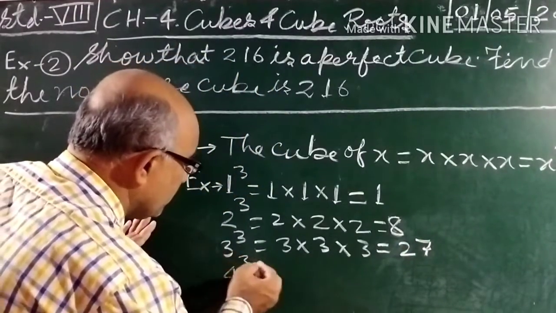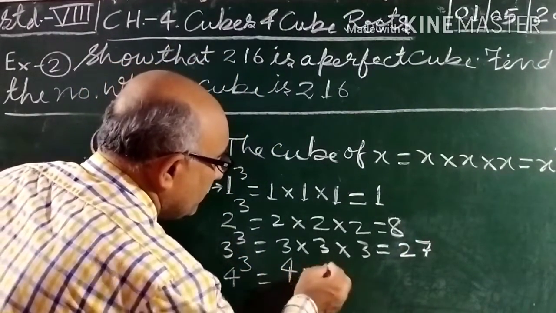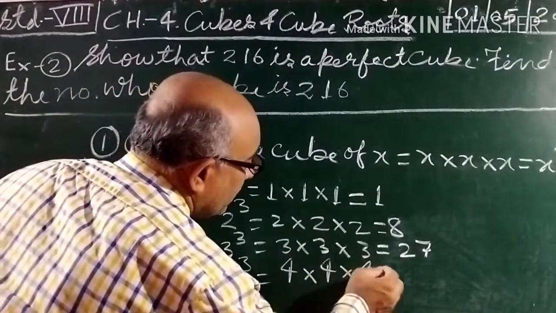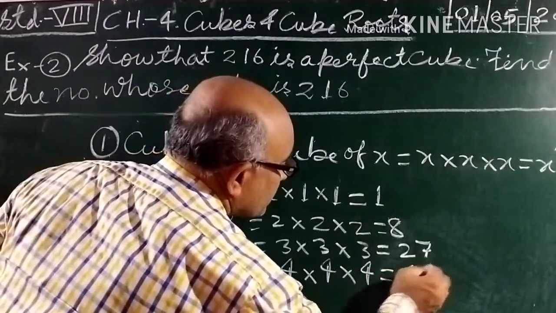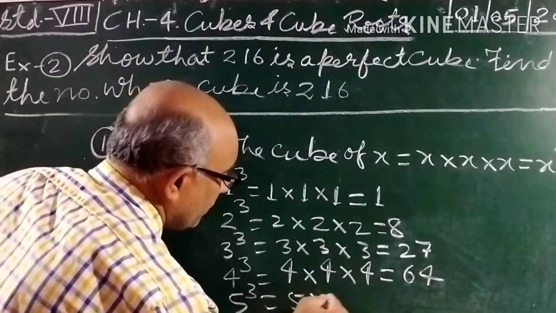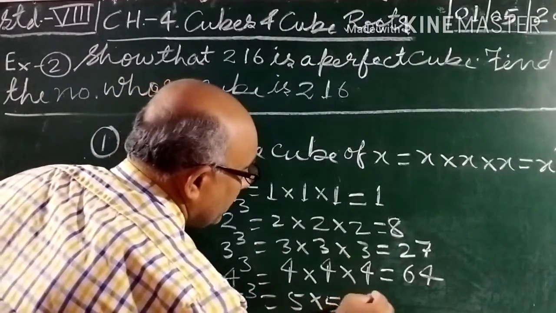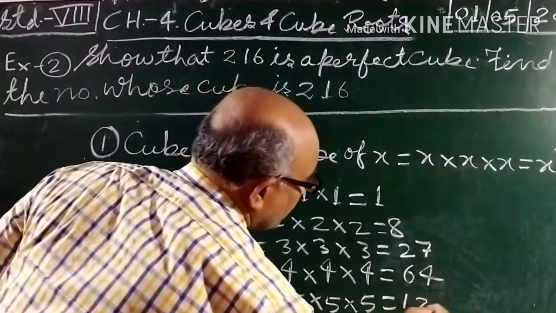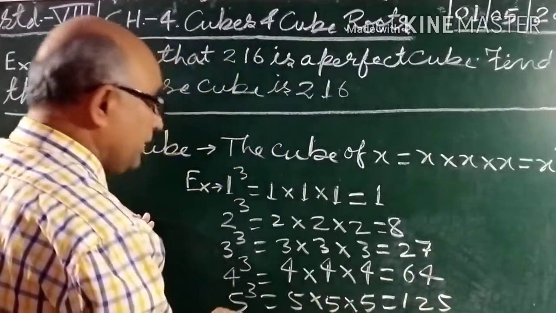Now 4 cube equals 4 into 4 into 4, equal to 64. 5 cube equals 5 into 5 into 5, equal to 125.